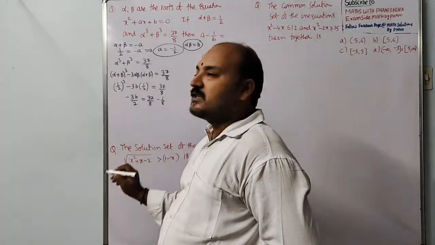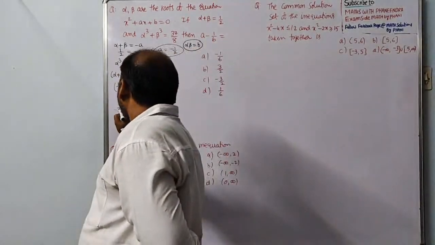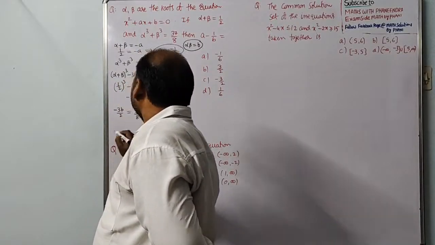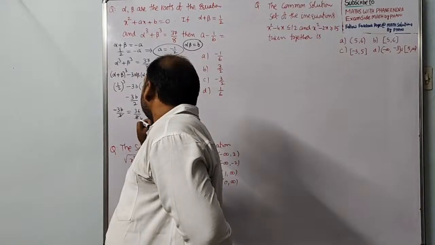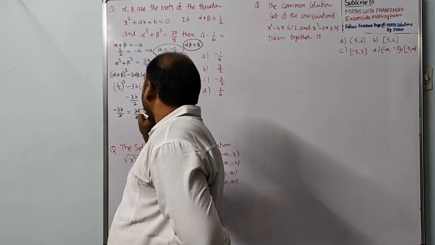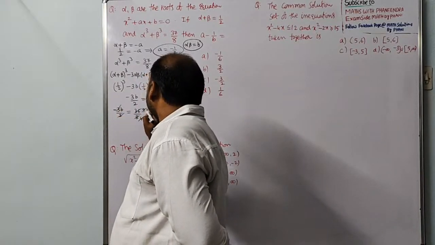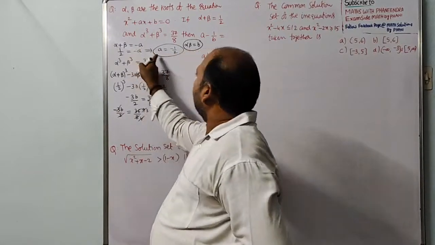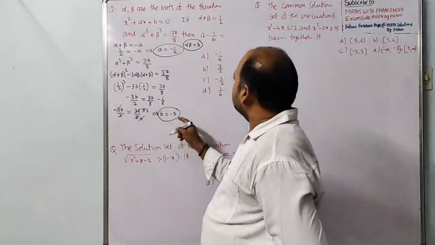That value will come to this side. So −3b/2 = 36/8. 2 ones, 2 fours, 4 ones, 4 nines, 3 ones, 3 threes. That implies b = −3. The a value is −1/2, the b value is −3.